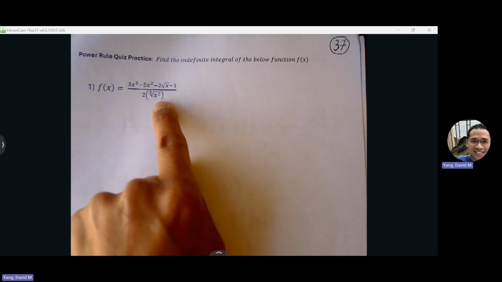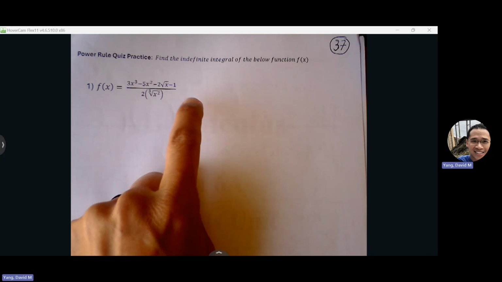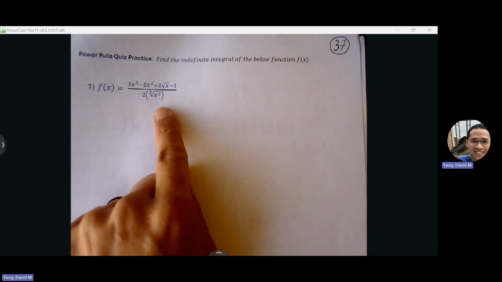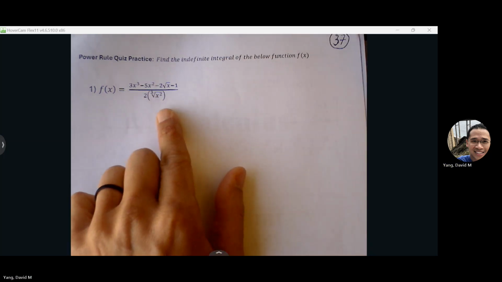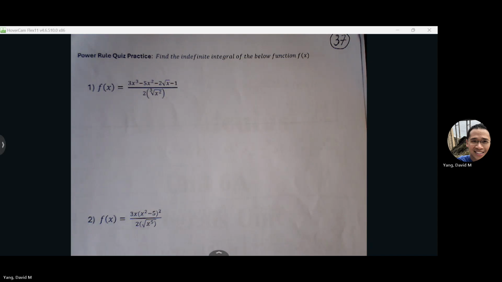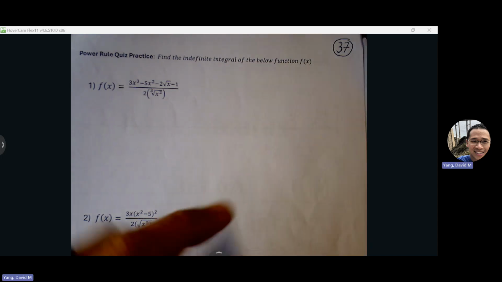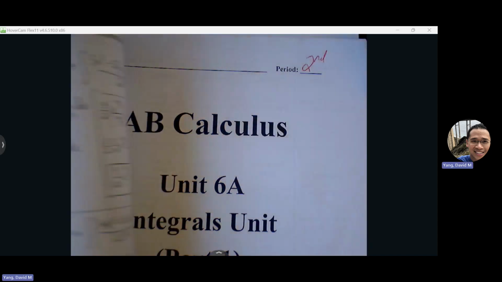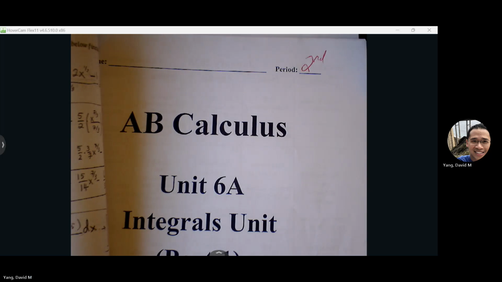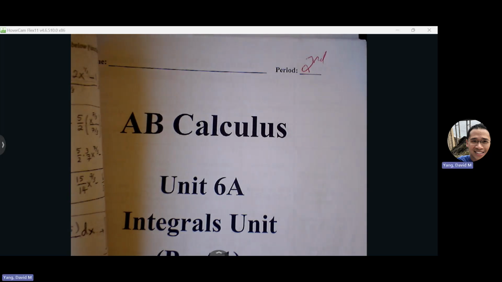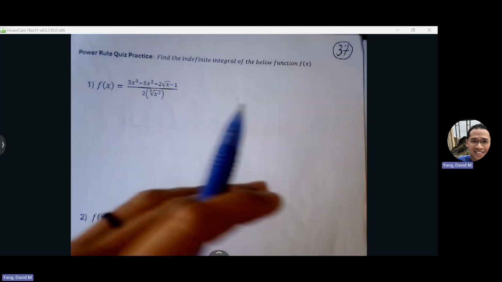It's going to be an extended power rule problem. We have to split up into individual fractions, get every term ready. So let's do one of these now. As I work through it, you can also check your progress with page 38.